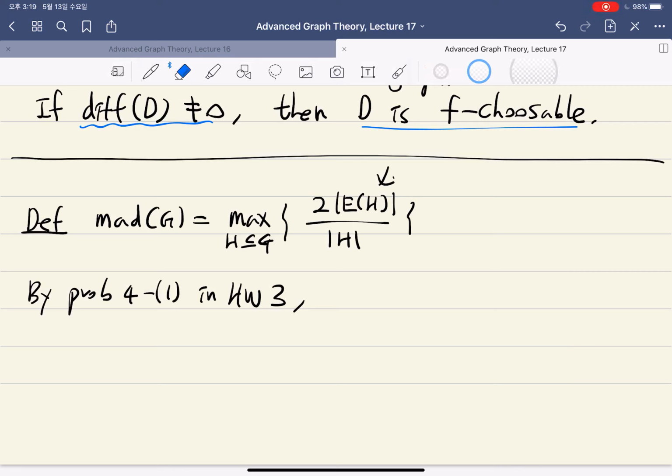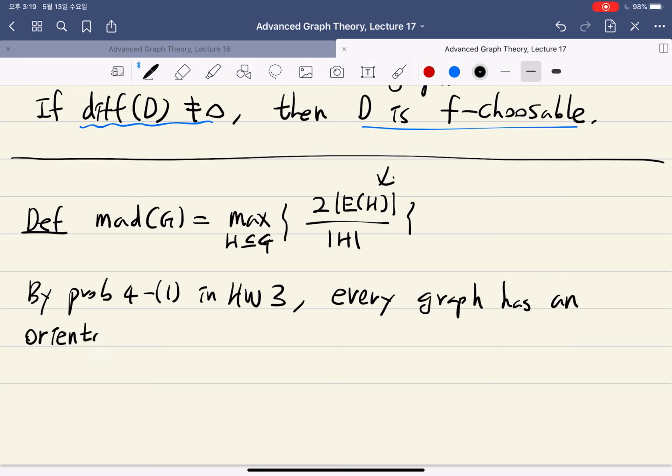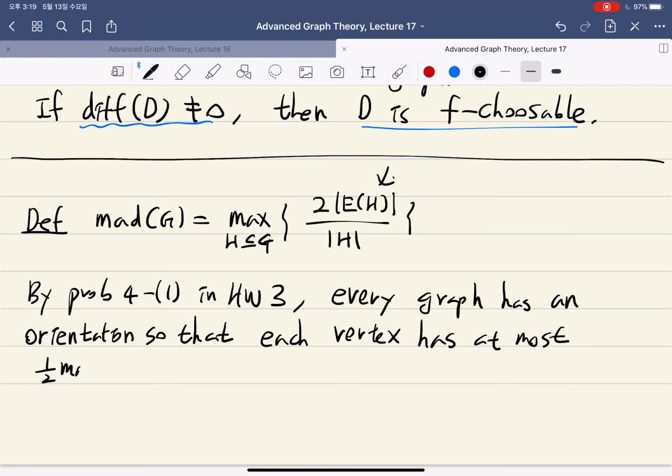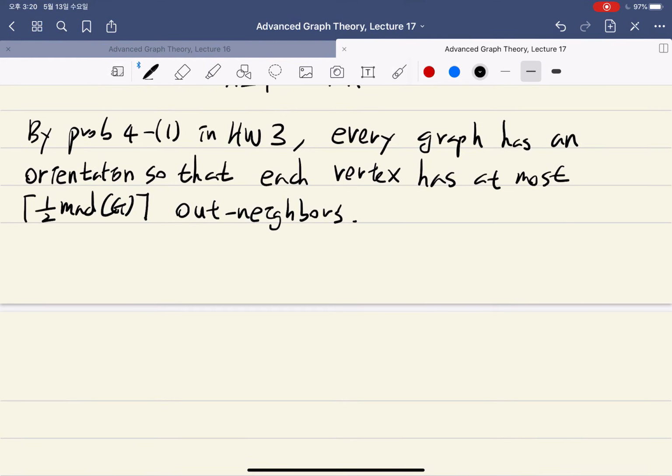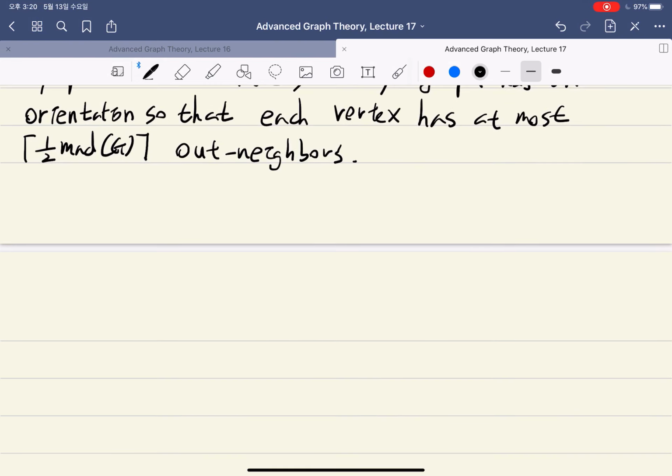So we can actually show that every graph has an orientation so that each vertex has at most half of its maximum average degree, taking the ceiling, many out neighbors.